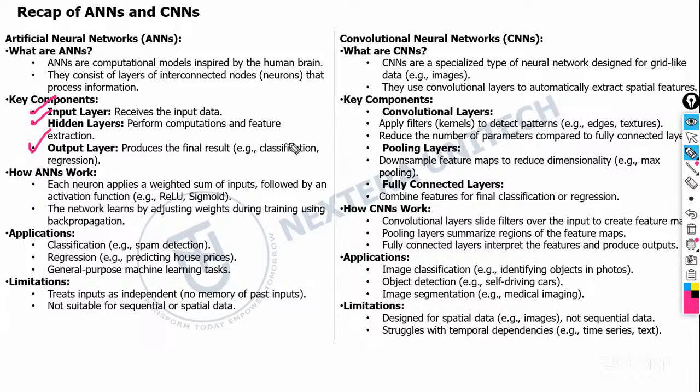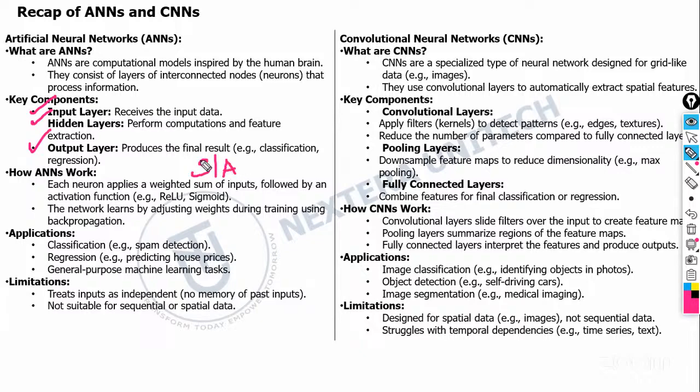But the question is how ANNs work. ANNs work on the weighted sum of inputs. Within a neuron of the hidden layer and output layer, you have two parts: a summation function and an activation function.